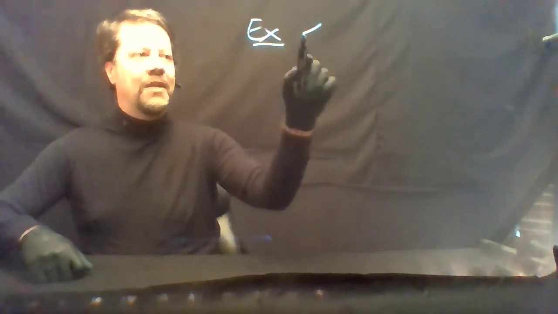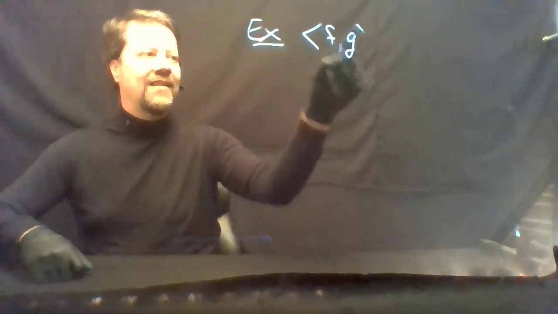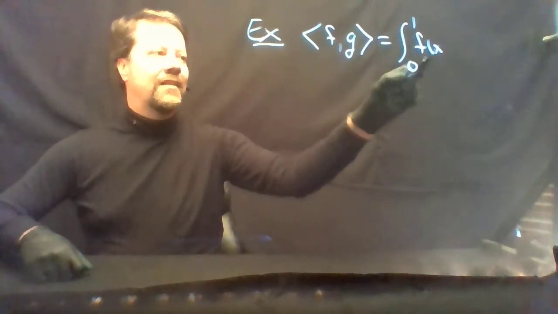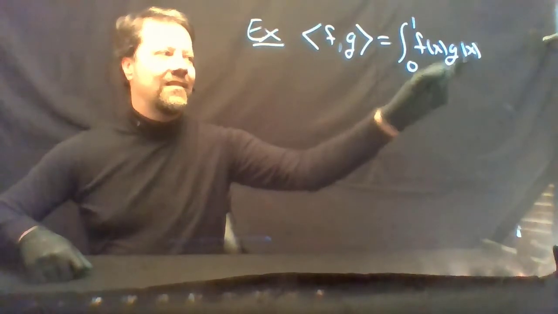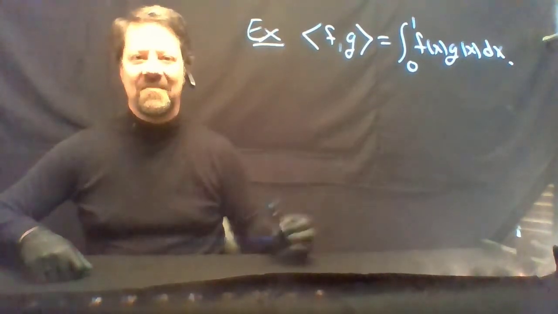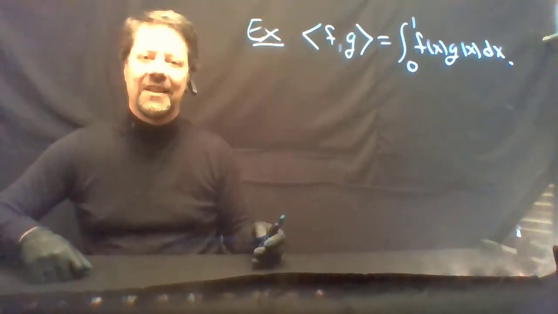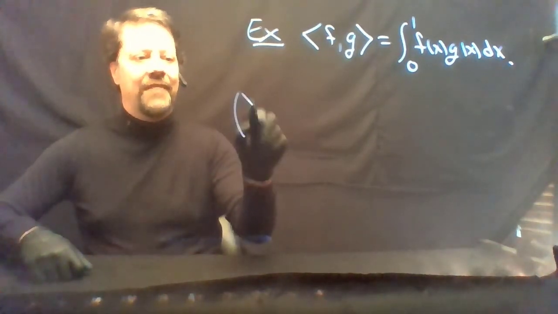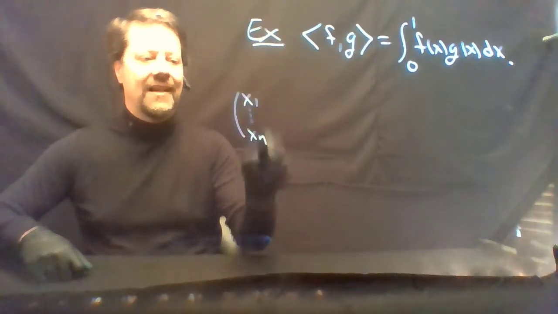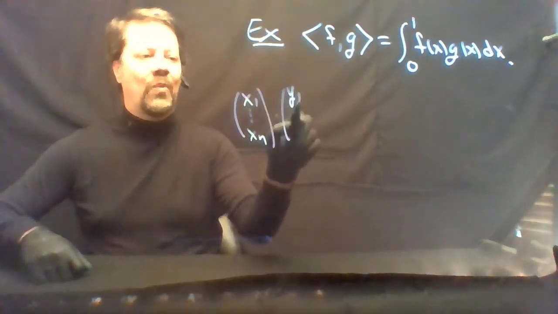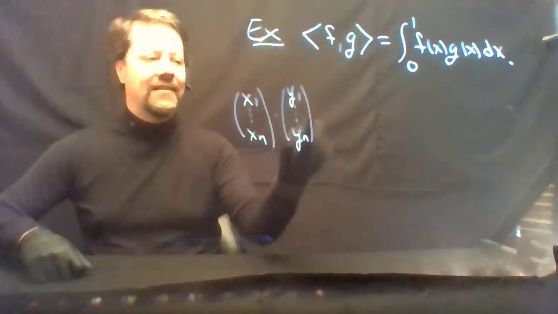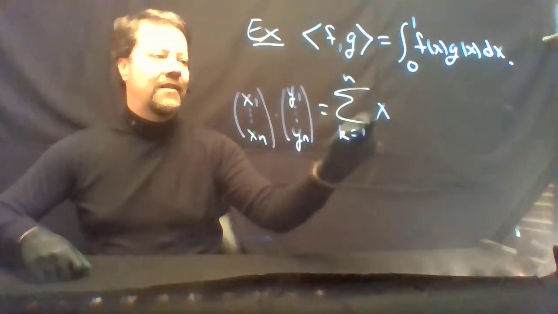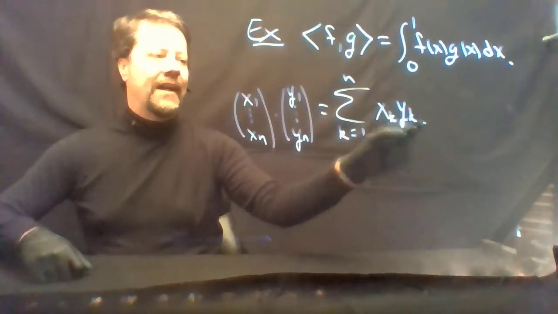Let's take the inner product of two functions f and g to be the integral from 0 to 1 of f of x, g of x, dx. I'd like for you to see the similarities between this and the Euclidean dot product. Recall that if I have x1 through xn dotted with y1 through yn, what I get is the sum, as k goes from 1 to n, of xk, yk.